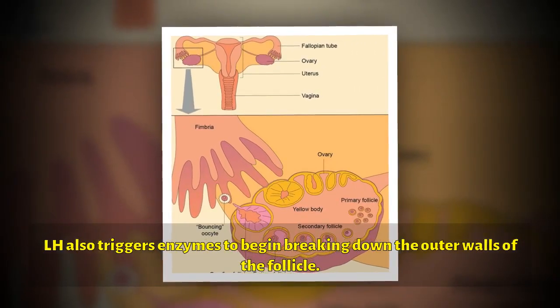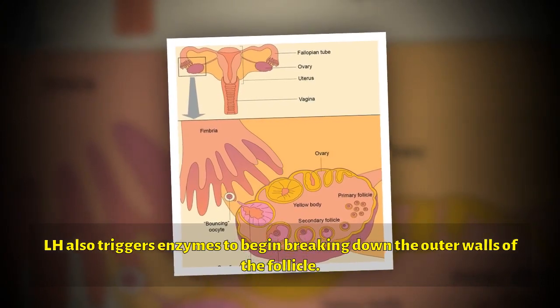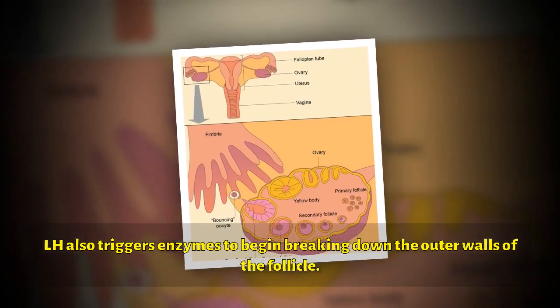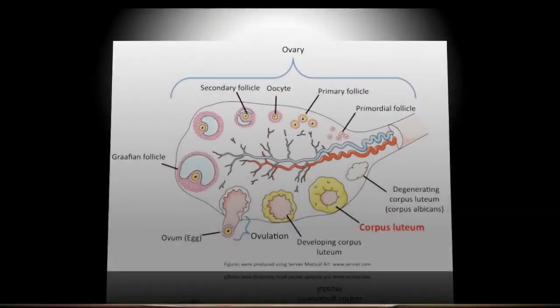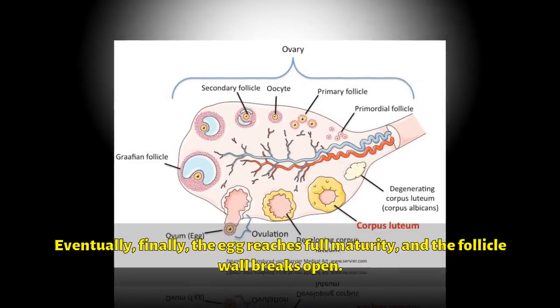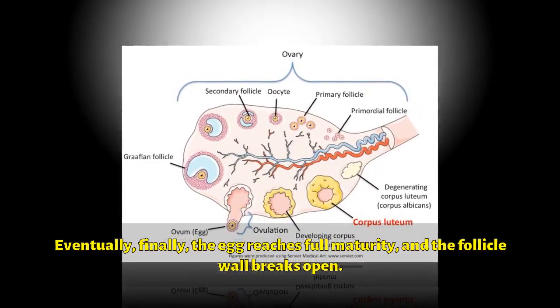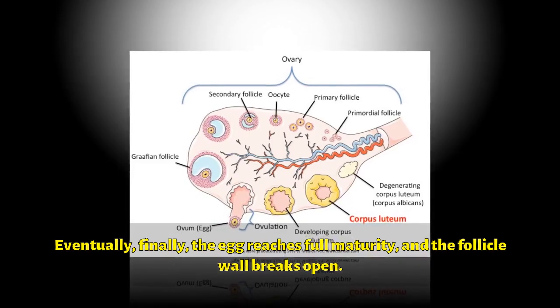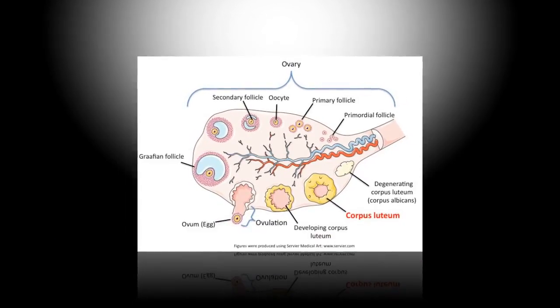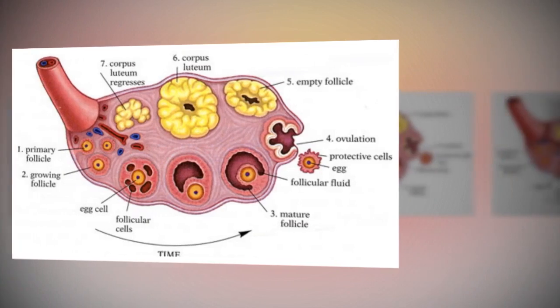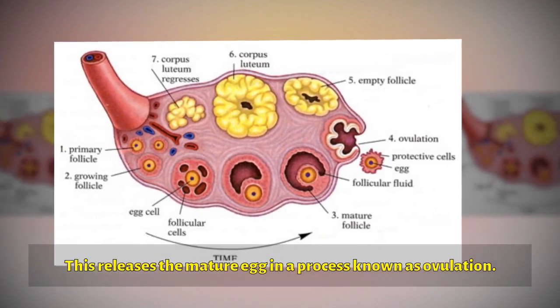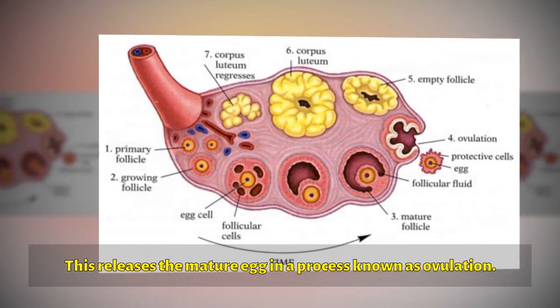LH also triggers enzymes to begin breaking down the outer walls of the follicle. Eventually, the egg reaches full maturity, and the follicle wall breaks open. This releases the mature egg in a process known as ovulation.